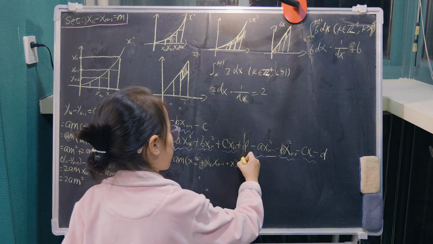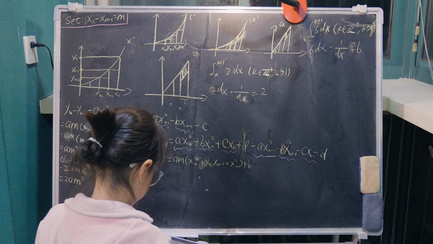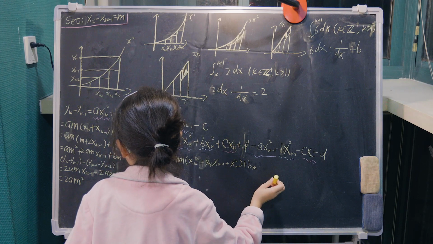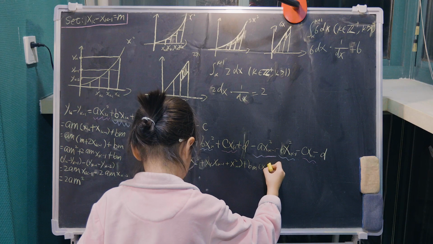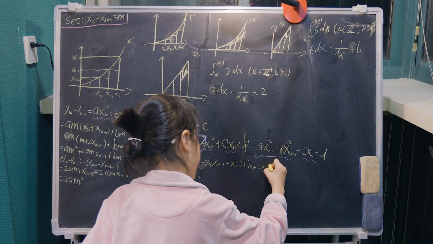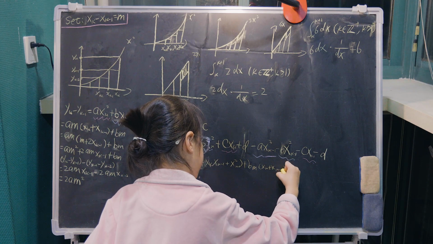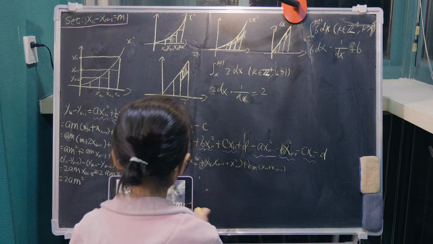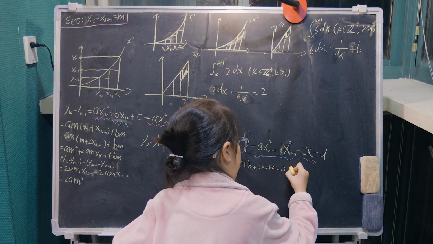And then plus b, and we factor out b, and then times, this is bm, and then times the bracket xk plus x(k minus 1). Okay, and then plus cm.